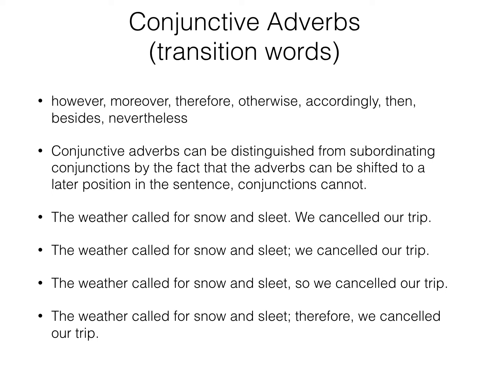Aha! Let's see what happens. "The weather called for snow and sleet; therefore, we canceled our trip." And isn't that interesting how it just adds a little bit of nuance to your sentence, and it stops the sentence from being choppy or lacking in flow.